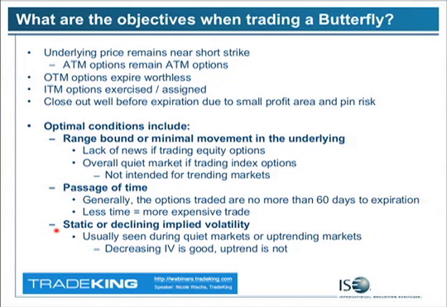But just keep in mind, you want volatility to be either declining or static, meaning you want it to stay the same. Now, that usually happens under trending markets, when markets are trending up. But remember, that's bad for this first item here, that you want the underlying to be range-bound. Okay? So you need to get all these things happening together in order to really be successful in this particular trade.